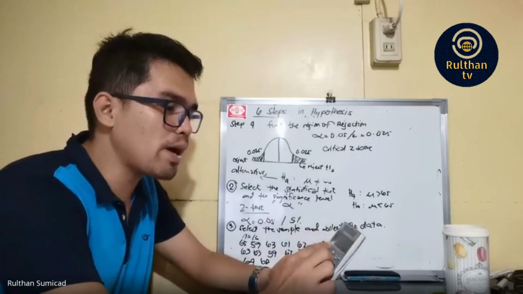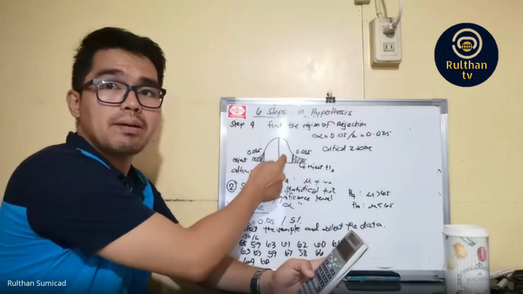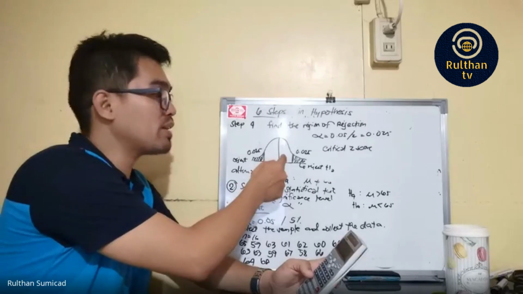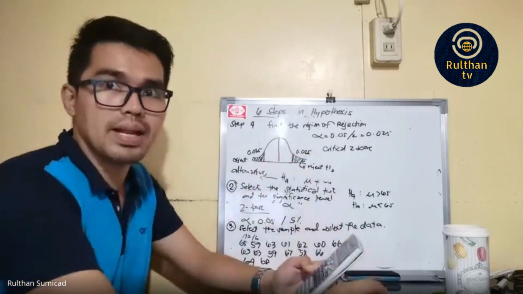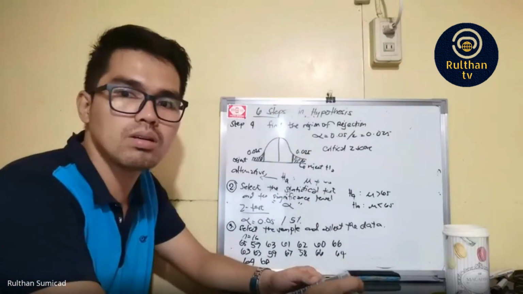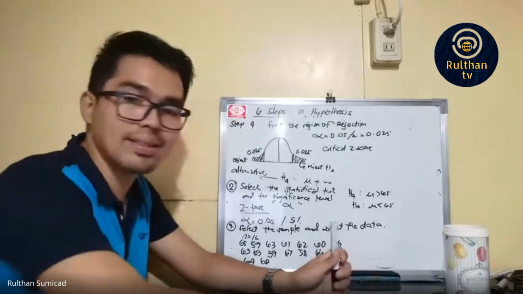The probability of this area here is 0.475. Now on the table, look for the z-score equivalent to 0.475. That is your z value. What's the value? It's 1.96.